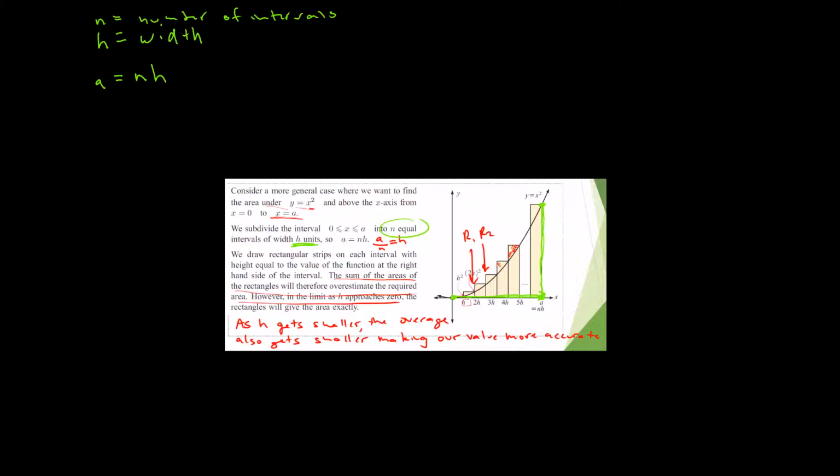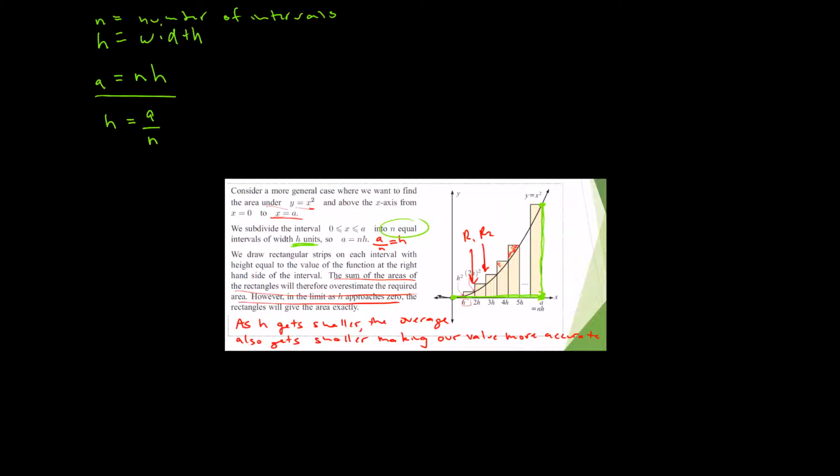Now we're going to rearrange this a little bit. I think this version of it is helpful, but I think there's another version that might be more helpful. We can rewrite this in terms of h. So h equals a divided by the number of intervals.